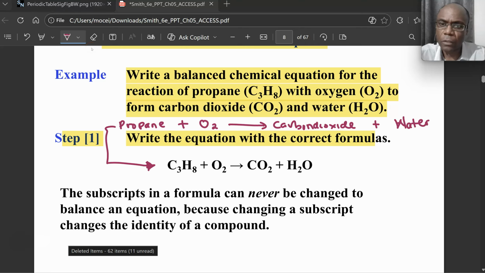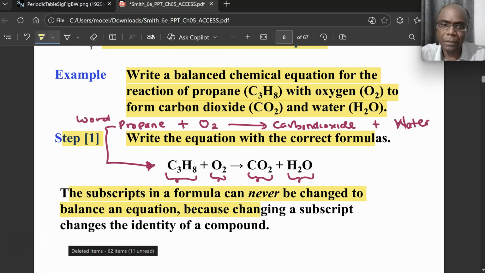So we want to write the word equation as our chemical equation of the reaction, and that will involve writing propane with the chemical formula of propane. Oxygen formula is like that. Carbon dioxide is written as CO2. Water is H2O.